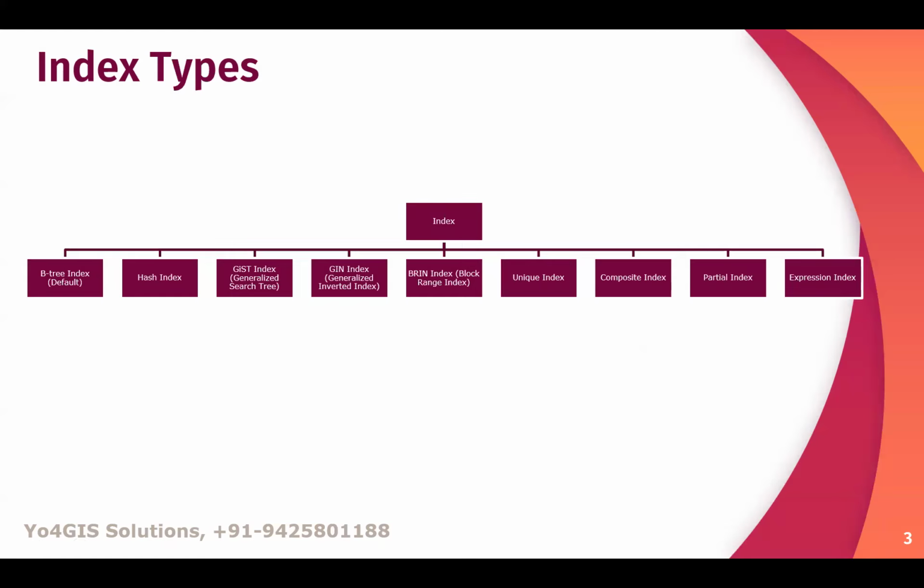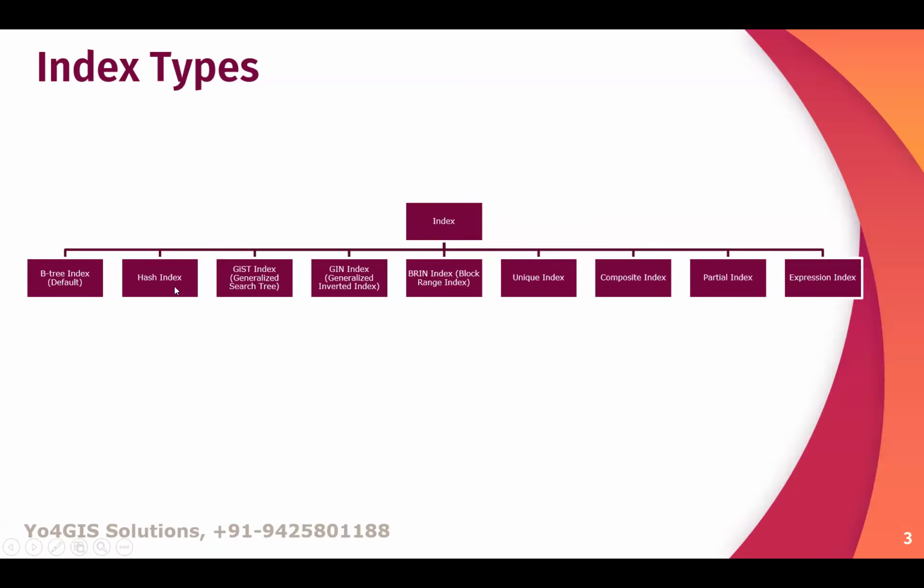Before that, I just want to show you the different types of indexes we have in Postgres. Postgres, as I already told you, is a very good database, and even though it is free, we can use it for any enterprise level application.